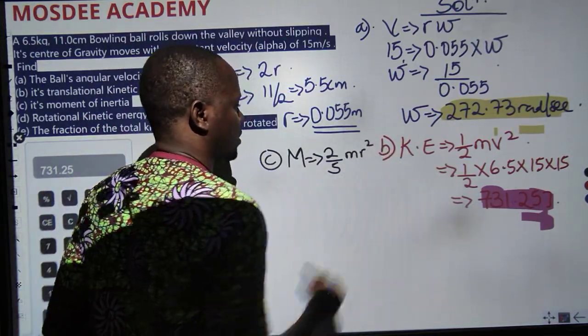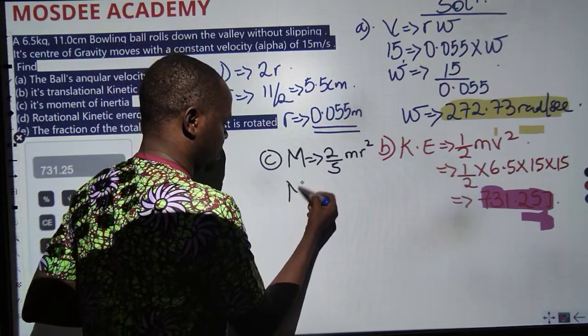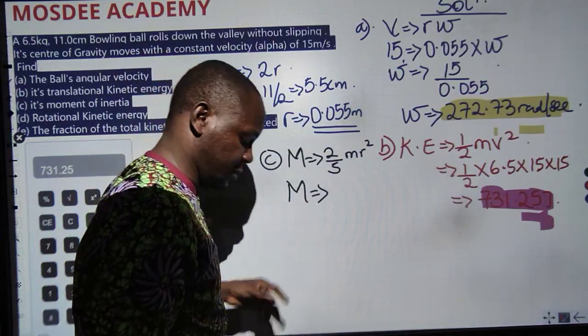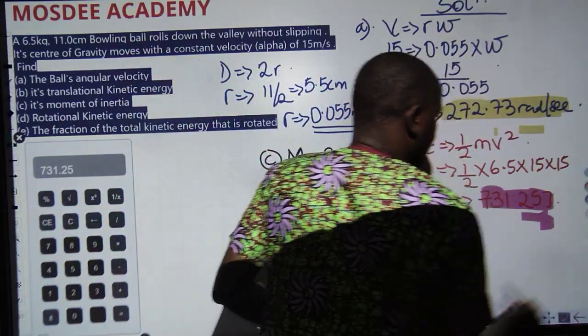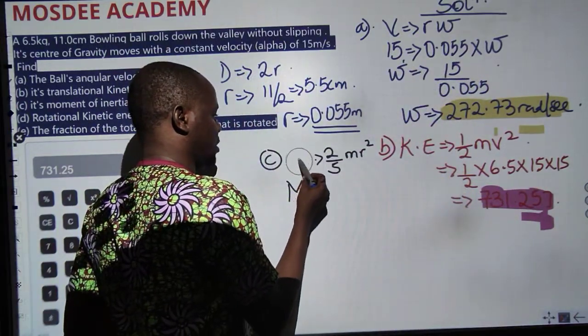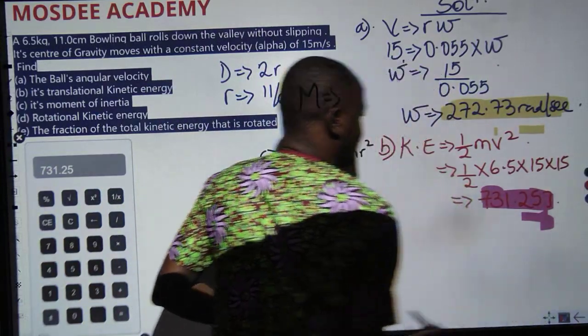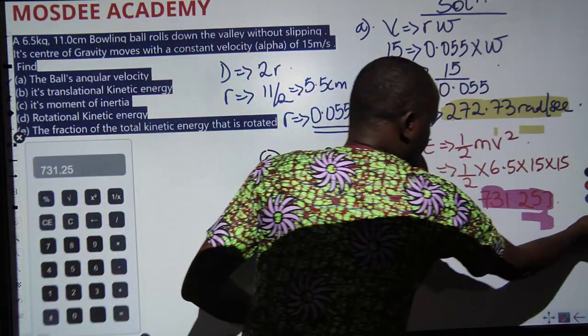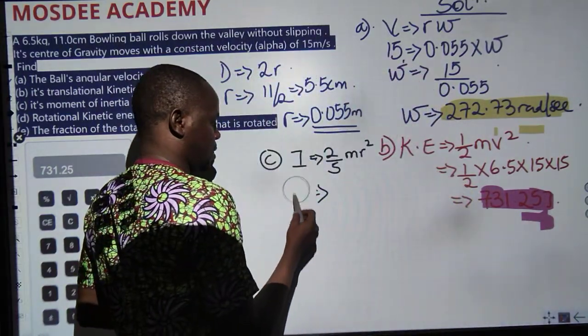Now, substituting, the moment of inertia, you can call it I in some cases, so let me use the normal symbol for you. It's just a representation. So the moment of inertia is also I.